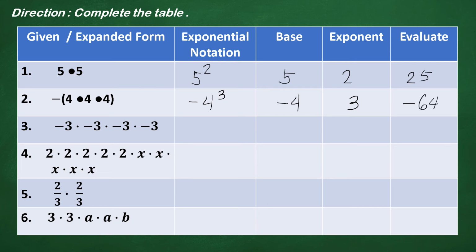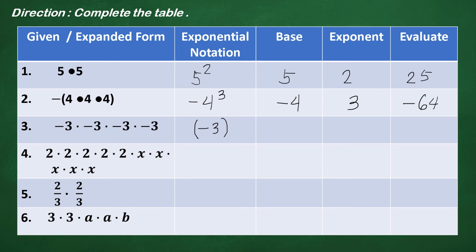Number 3. So, you can see here, negative 3 is the common factor. So, we're going to write it as negative 3. At since si negative 3 ay ginamit siya as a base 4 times, kasama si negative at kasama si 3, we're going to write them inside the parentheses.